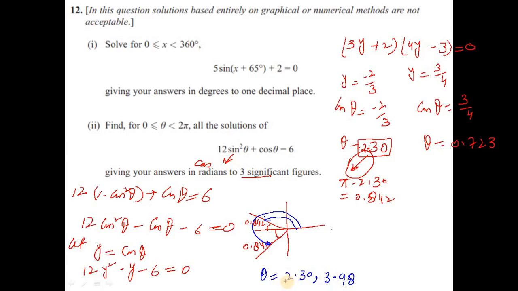So these are the two answers from my first solution.